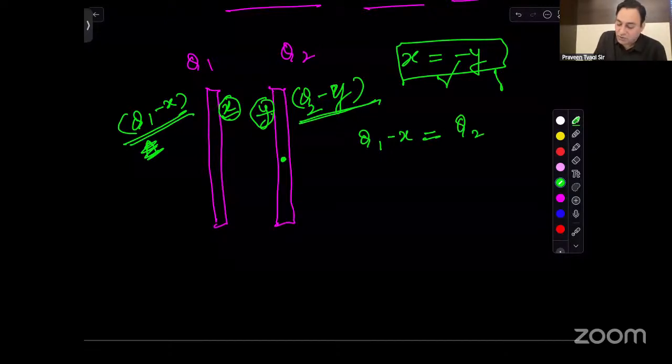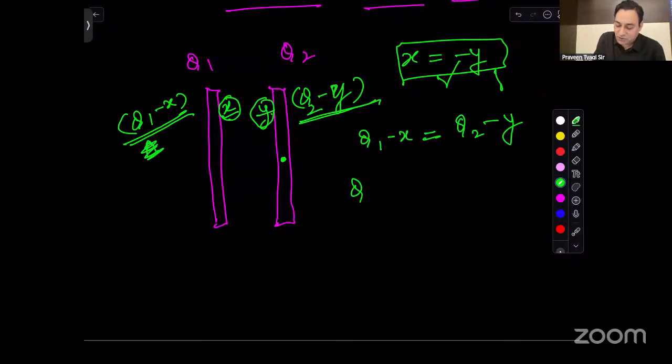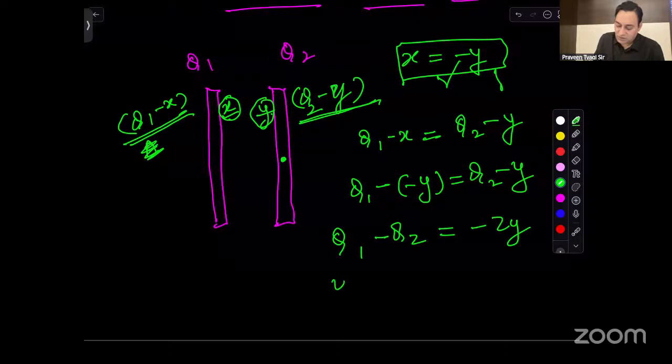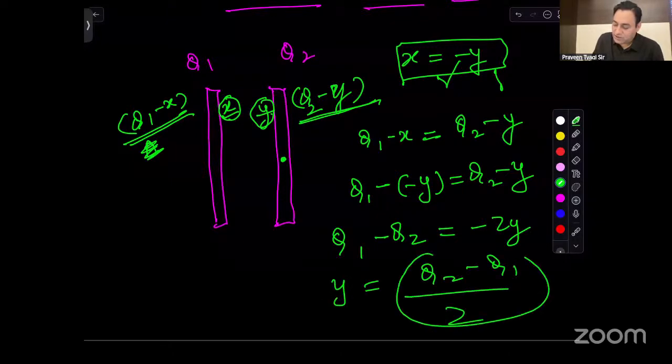This should be equal to Q2 minus Y. From here, I can put X equal to minus Y. So Q1 minus Y is equal to Q2 minus Y. And this gives me X is equal to minus Y. This gives me Q1 minus Q2 is equal to minus 2Y. So Y is equal to Q2 minus Q1 upon 2. So this will be the result.